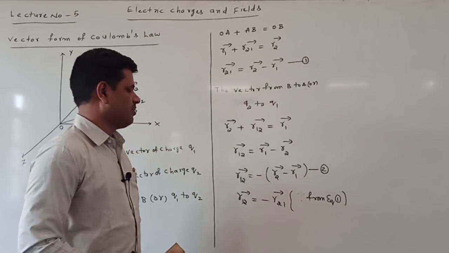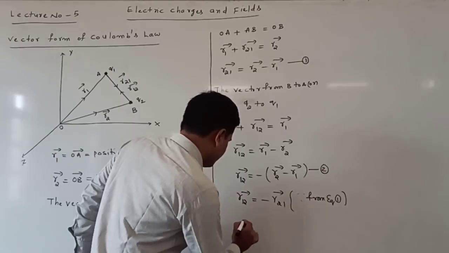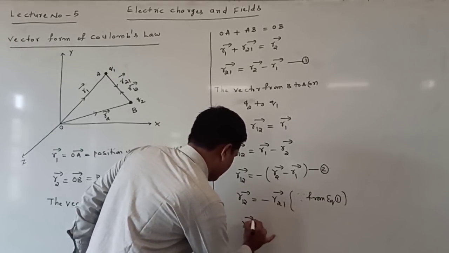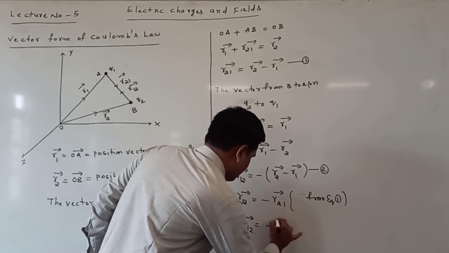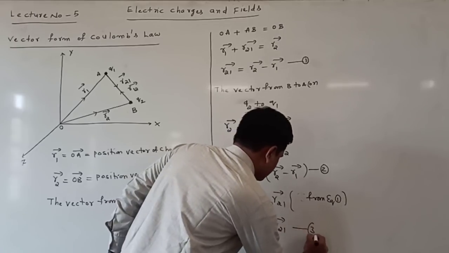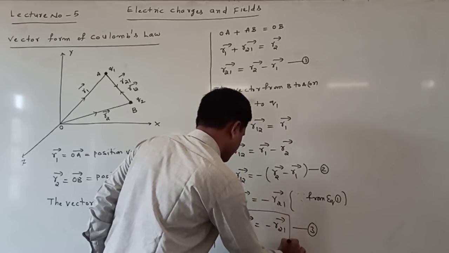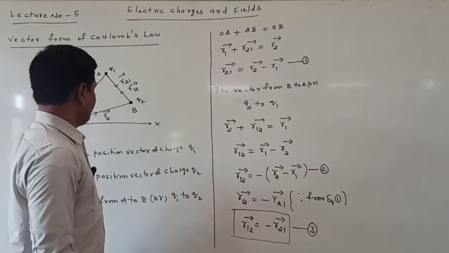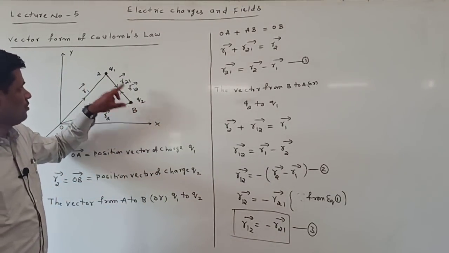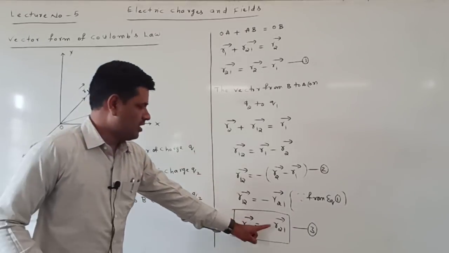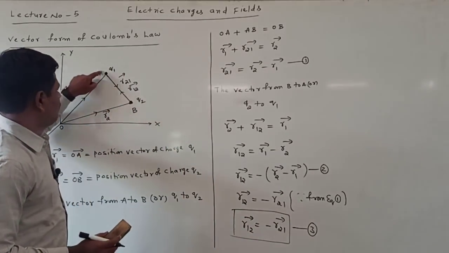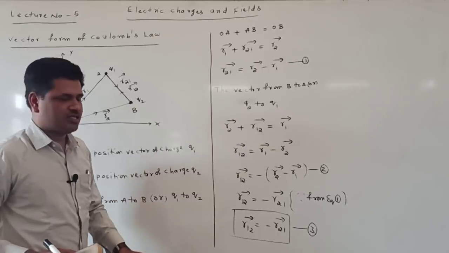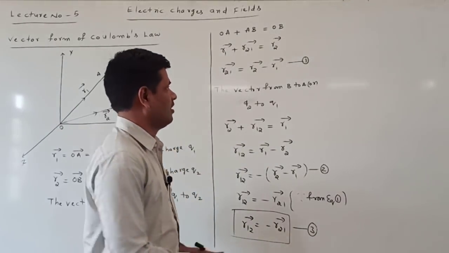From this we write R12 bar is equal to minus of R21 bar. This is given as equation number 3. This is one important relation. R12 bar is a vector from Q2 to Q1, and R21 bar is a vector from Q1 to Q2. Both are in opposite directions, that is the reason the minus is coming here.